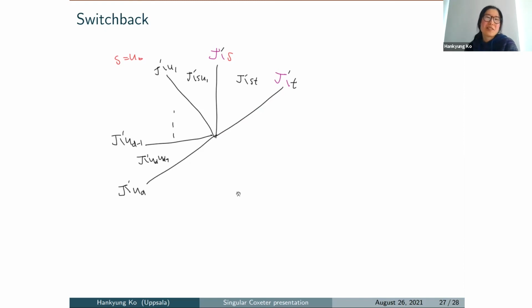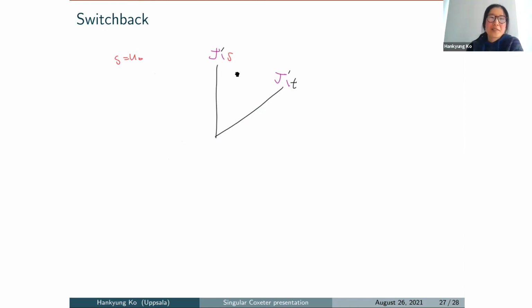And I label, so this is a part of the Coxeter complex for W_J prime and J prime, where you have a zero-dimensional facet that corresponds to J prime, and one-dimensional things that correspond to co-rank 1 subsets.